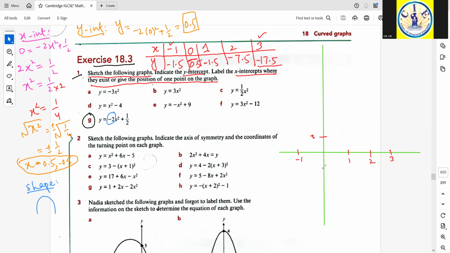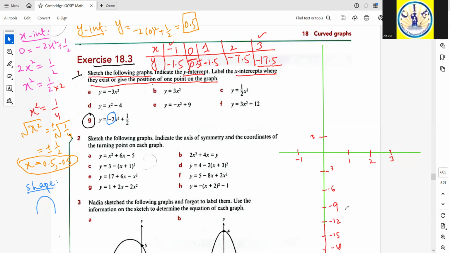So below the x-axis: -3, then -6, -9, -12, -15, -18.